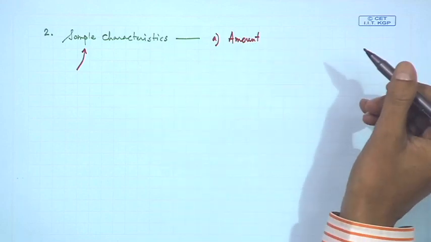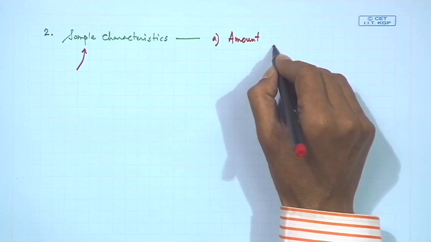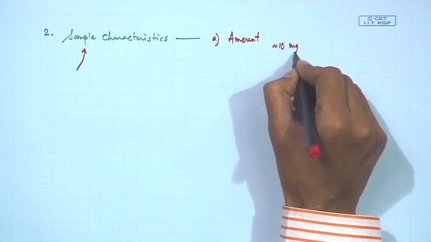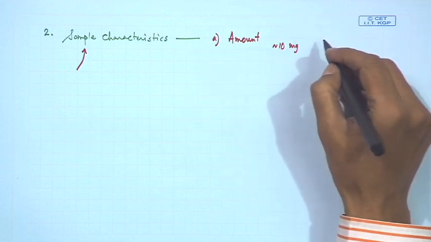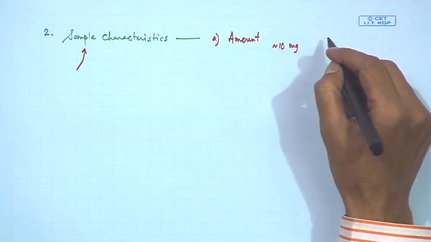You have to have some optimized amount, within the range of say 10 milligram we usually take with the modern thermobalances or modern thermal analysis apparatus.